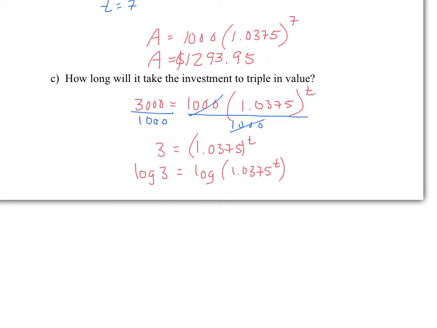Now we're going to drop this exponent right in front of the log. So we get log 3 equals t log 1.0375. And now I can solve for t just by dividing by log of 1.0375 on both sides.